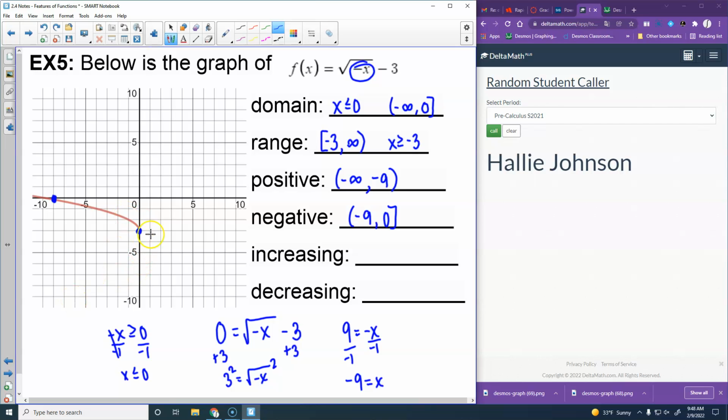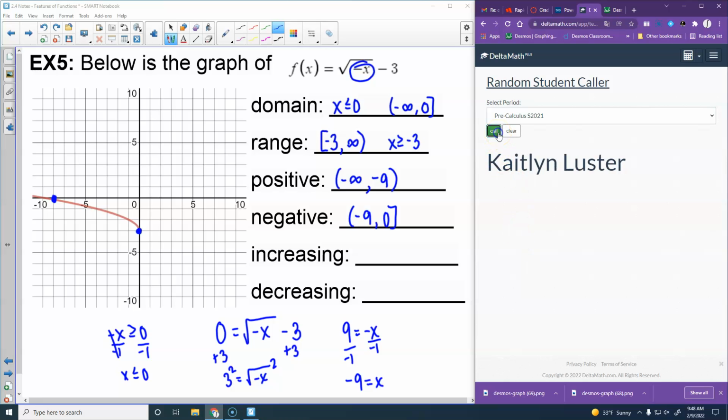Why is this not -3? -3 is our y coordinate. We got to give x coordinates for every single thing except for range. But it's really easy to switch over, especially when it's on the axis where you're looking at -3, it's really easy to get that wrong. So I'm almost glad that you got that wrong in that way so we could point that out.